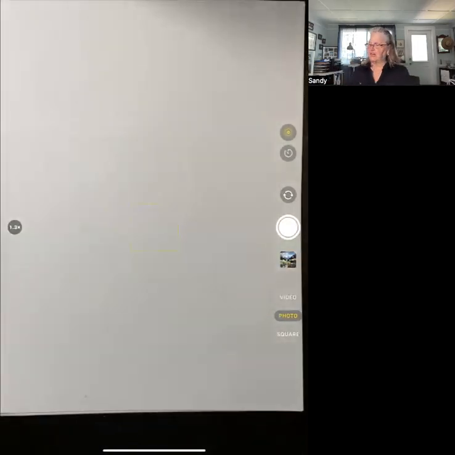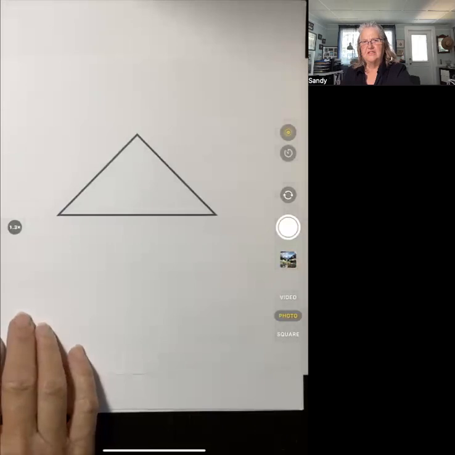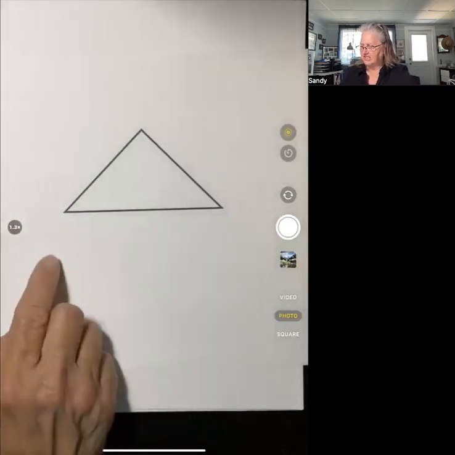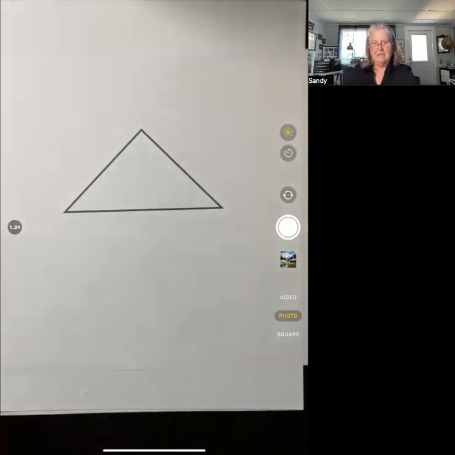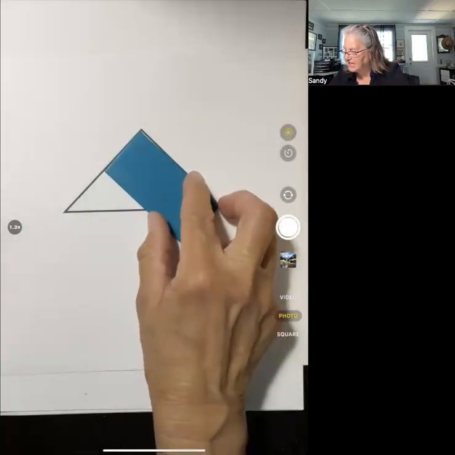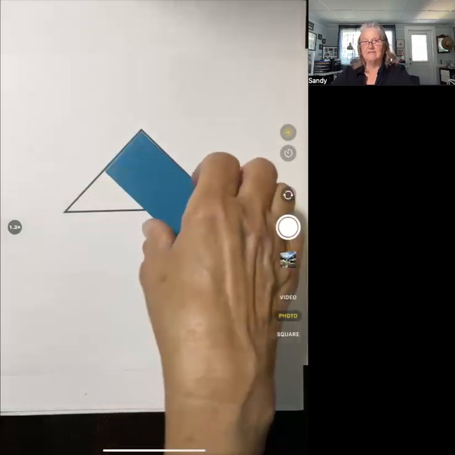But think about triangles also. They'll be starting to think about triangles and identifying triangles based on characteristics. Now here, this is a right triangle. It might not look like a right triangle the way the orientation is, but do you see the right angle at the top?